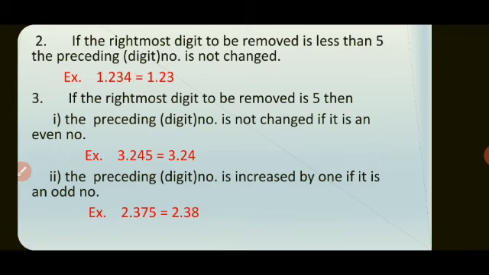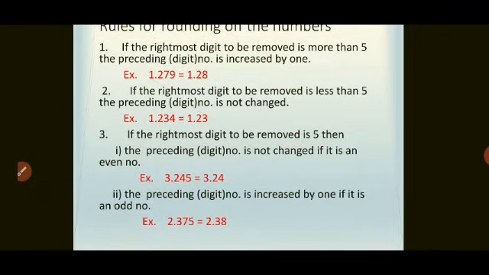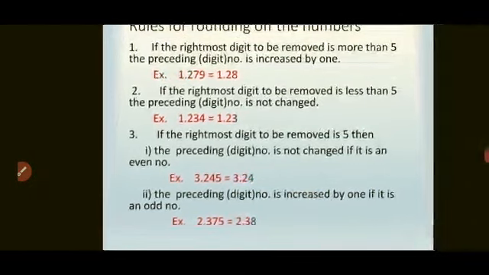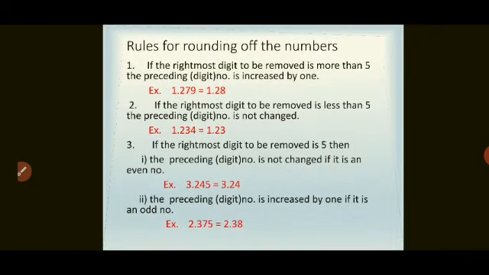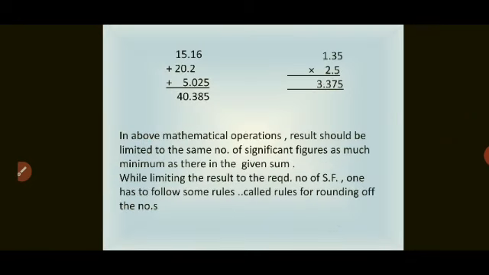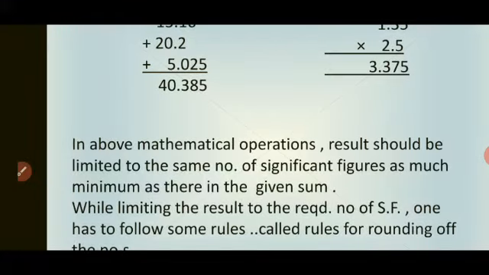So by applying these rules we can write the answers for the previous calculations. In the first, it comes as 40.385, and the rightmost digit is 5, right?